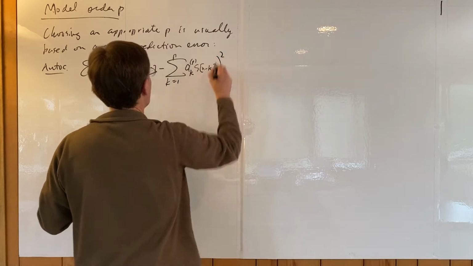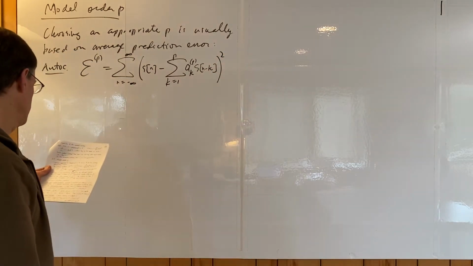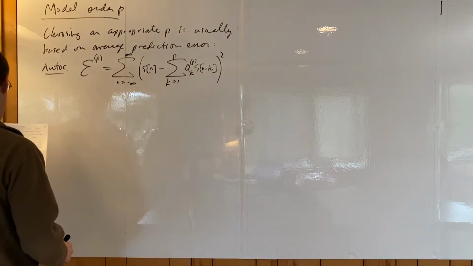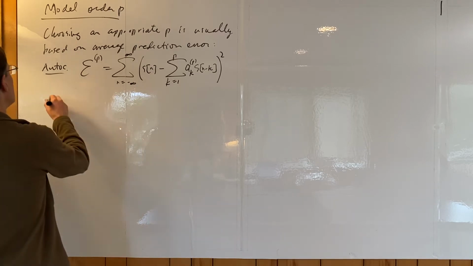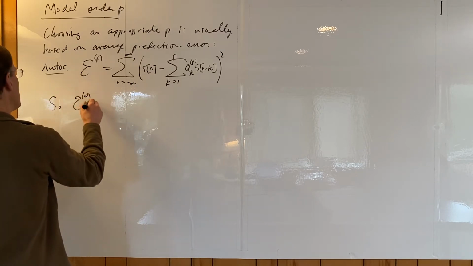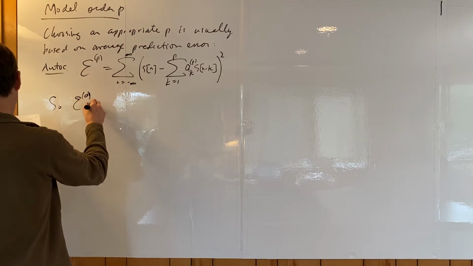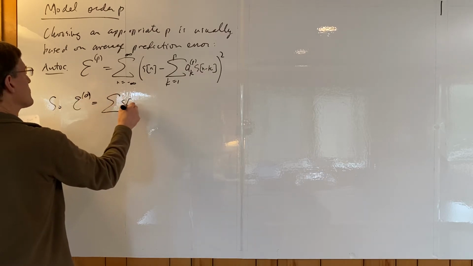This quantity squared. And also just to note here, E of 0 would just be the sum of the S of n squared.